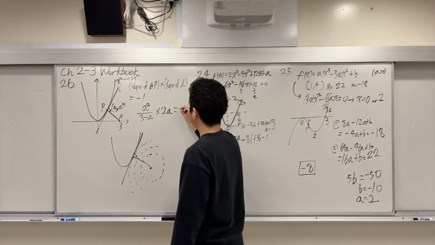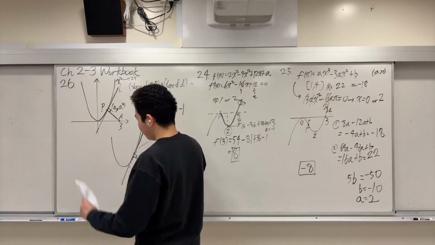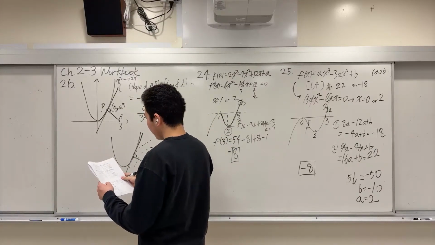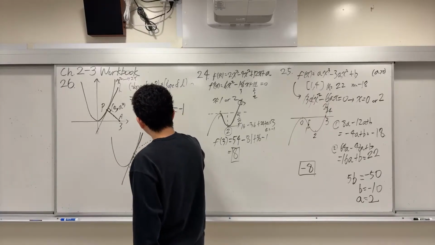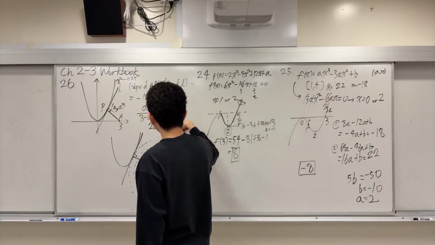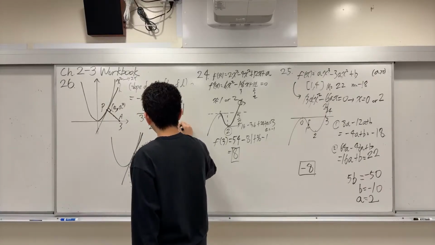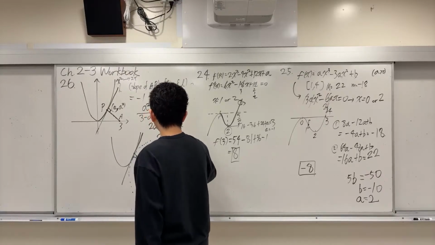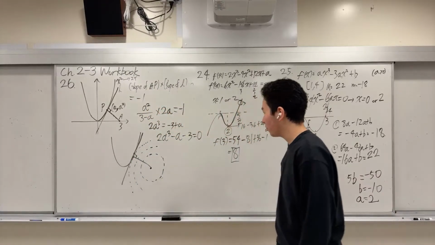That has to equal -1. So we have the equation 2a cubed. And then let's multiply a minus 3 onto both sides. That becomes -3 plus a. So we get the equation 2a cubed plus a minus 3 equals 0.